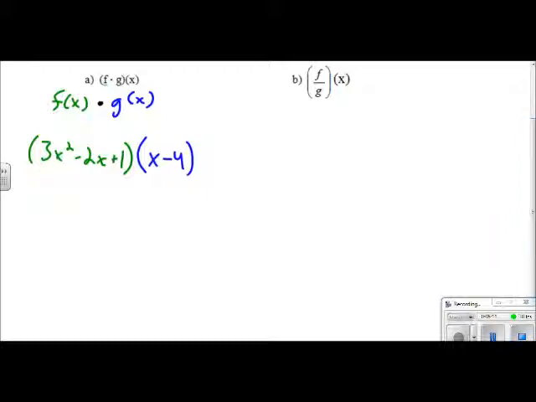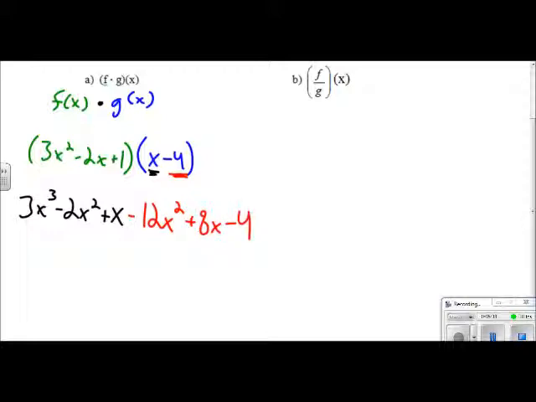If we do x to each of our pieces, 3x cubed minus 2x squared plus x. And if we do this in red, negative 4 times each piece, minus 12x squared plus 8x minus 4.